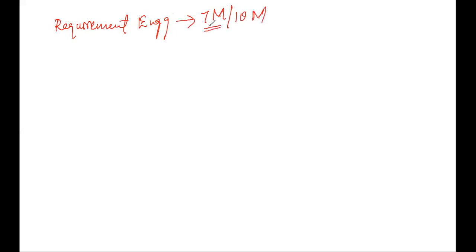For 7 marks, it can ask you to identify and explain what are all the requirement engineering tasks. For 10 marks, it can tell you to mention all the requirement engineering tasks, and it can ask you to elaborate. He might ask you to elaborate the inception phase or the elaboration phase or validation phase. Any phase can be asked to elaborate.